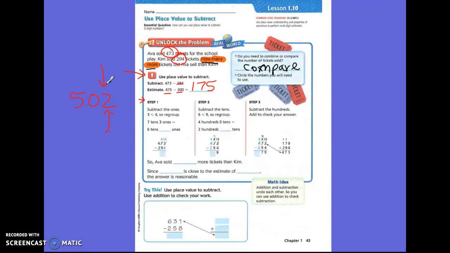They have the numbers stacked in here, right? Can we subtract 4 from 3? No, so we have to regroup. We go to the 7 and borrow 10 from it. We give that 10 to the 3, which makes it 13, and that makes 7 into 6. So 13 minus 4 is what?